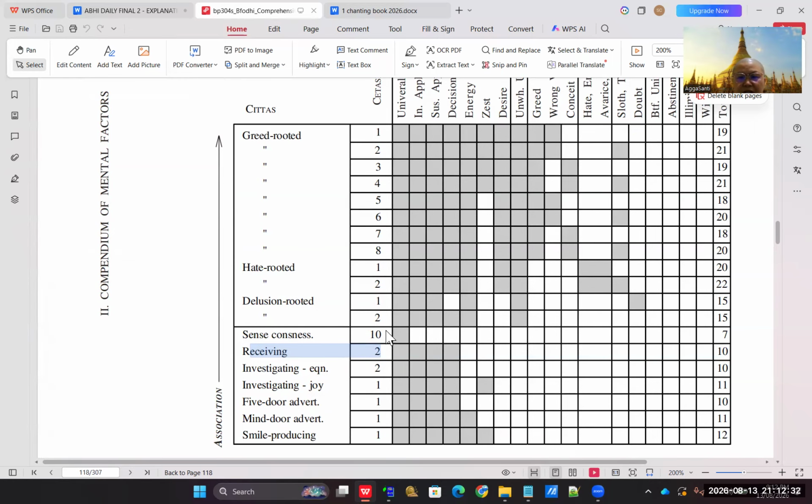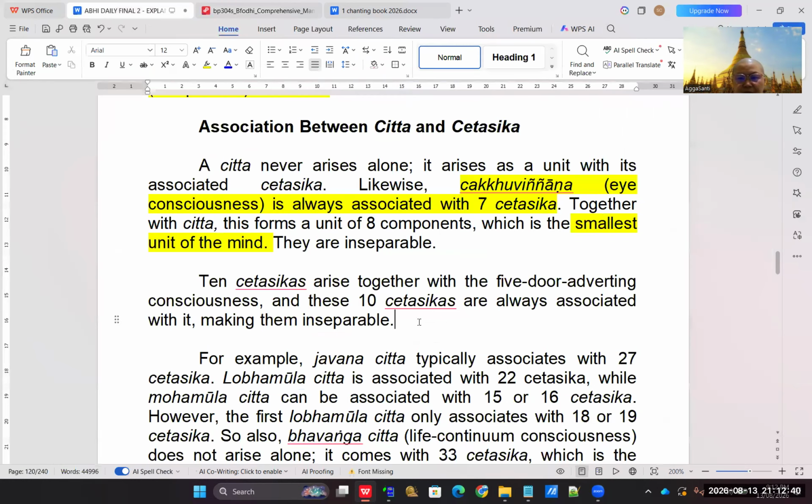Same as the universal, then Vitakka, Vichara, Adhimokkha. So 10 also. So it's talking about these numbers. And when they arise together, one Chetasika comes with the consciousness, so they're inseparable.